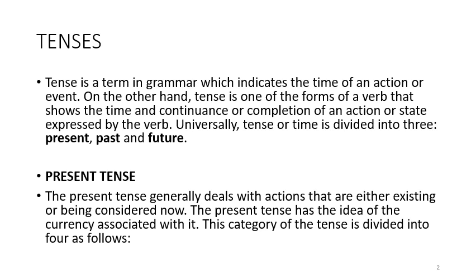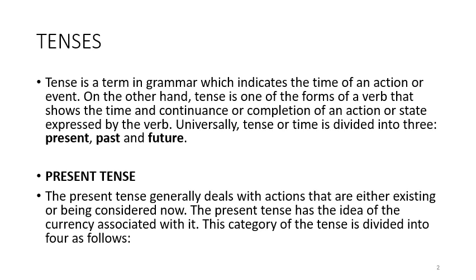Generally, we understand that tense indicates the time of an action or event. It forms the very verb that shows the time or continuance or completion of an action or states expressed by the verb. So generally, we can see tense indicates or denotes the time of an action.